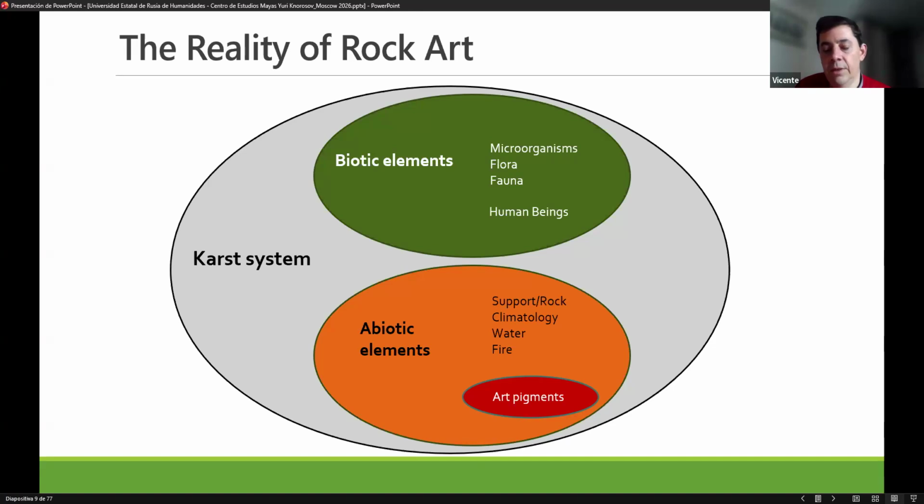You have the rock, the climatology, the water, the fire, and a small amount of caves have art pigment. This is very important because here in Cantabria, 1%, 2% of the caves have some art, but most of the caves don't have art. So this is the reality of what you have when you work in caves. You have to respect living things and non-living things.